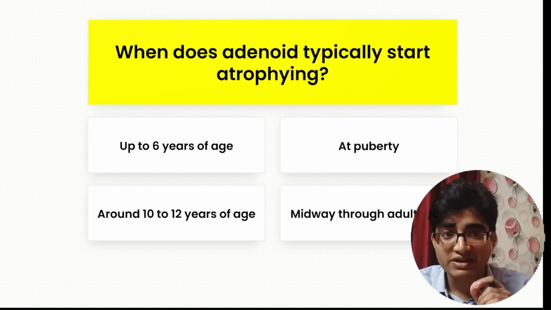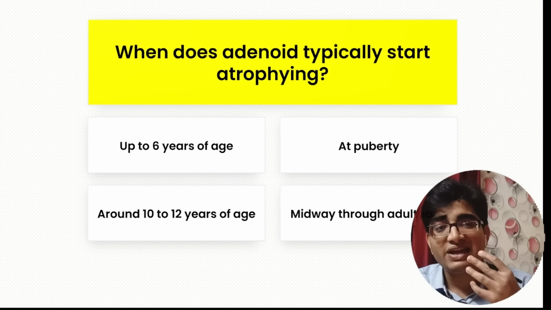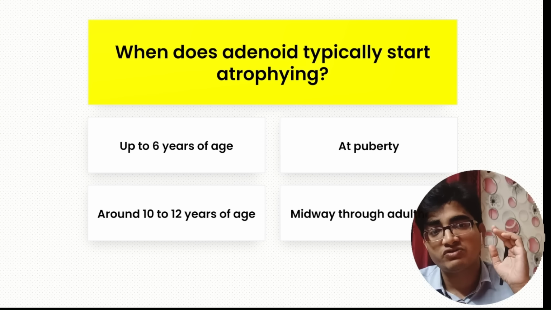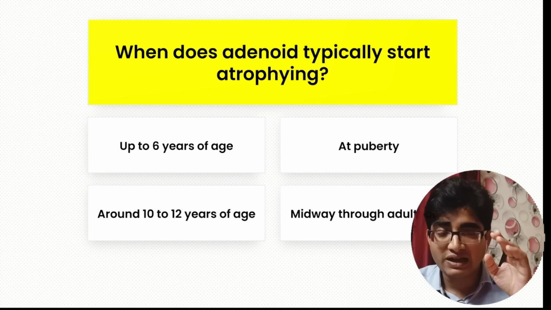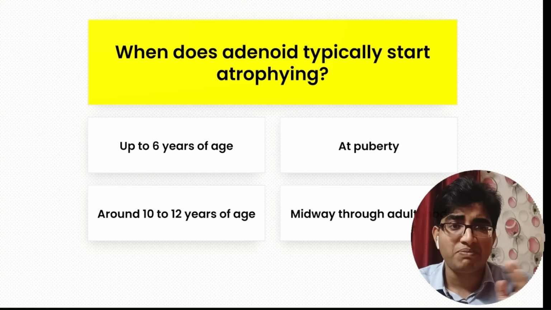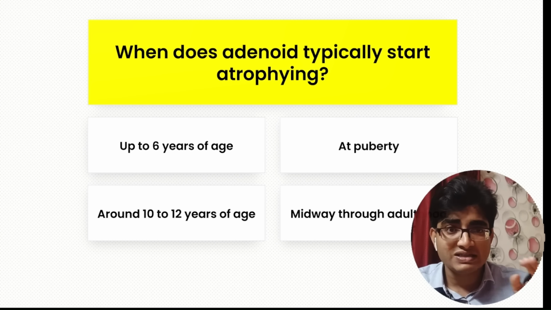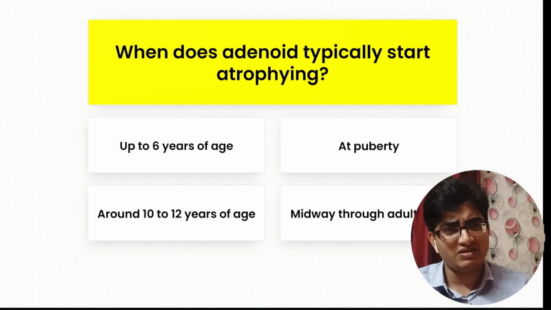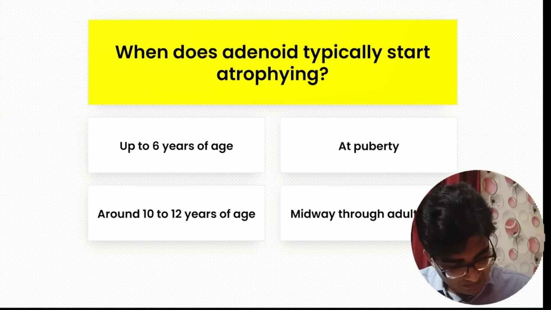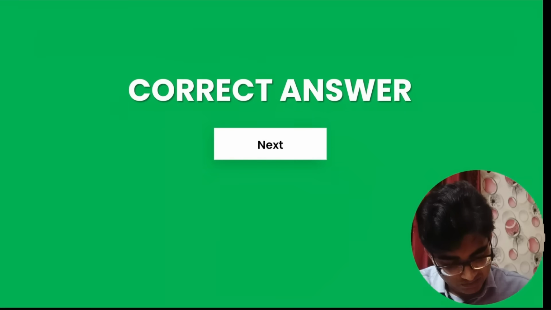This adenoid tissue is present in every child, and it grows up to the age of 5 to 6 years. Then about 6 to 10 years of age, it is a plateau phase, and then it starts atrophying at the time of puberty. So this is the correct answer to go with.